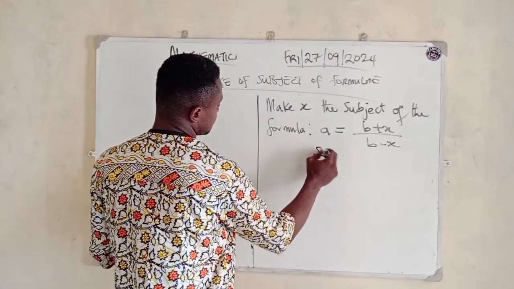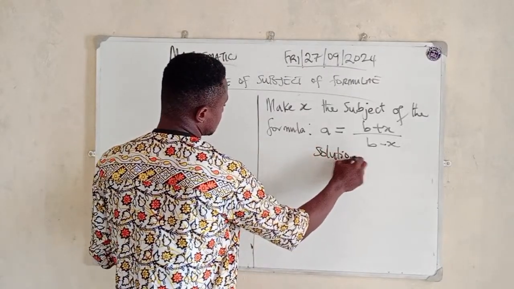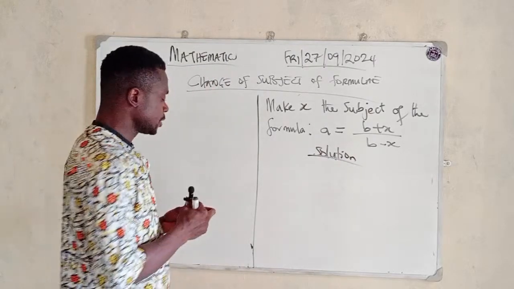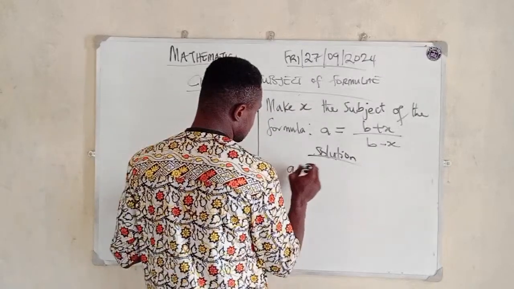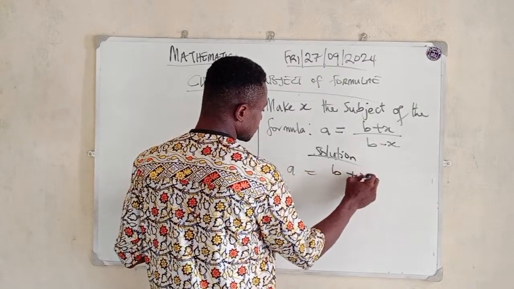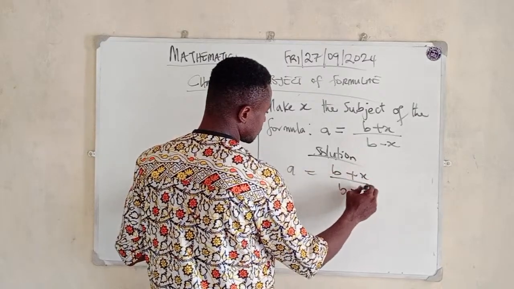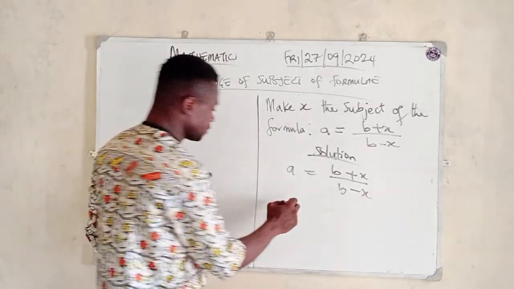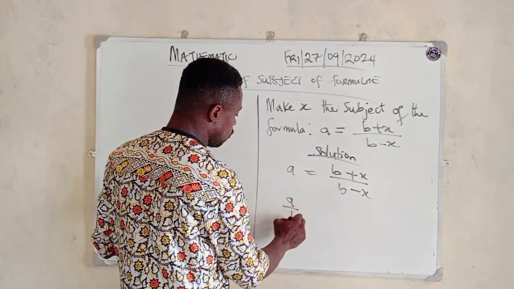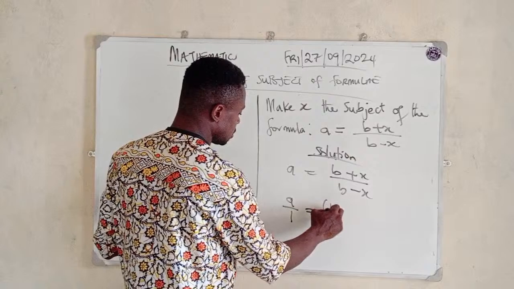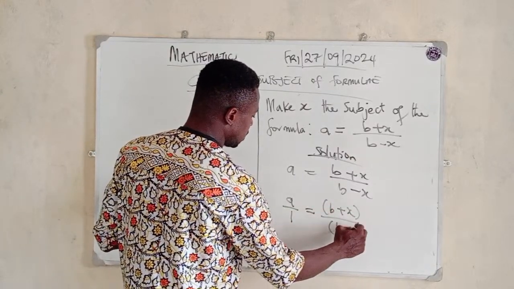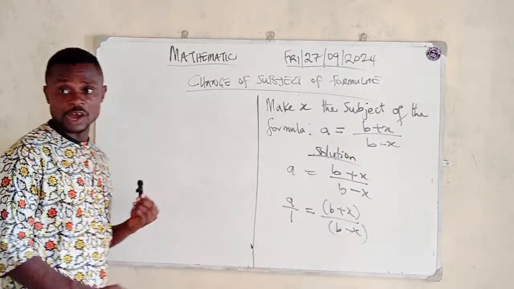Solution. Okay. Look at the question, the equation. Remember that this is something as saying A over 1 is equal to B plus X over B minus X. Hope you know. Are you aware?